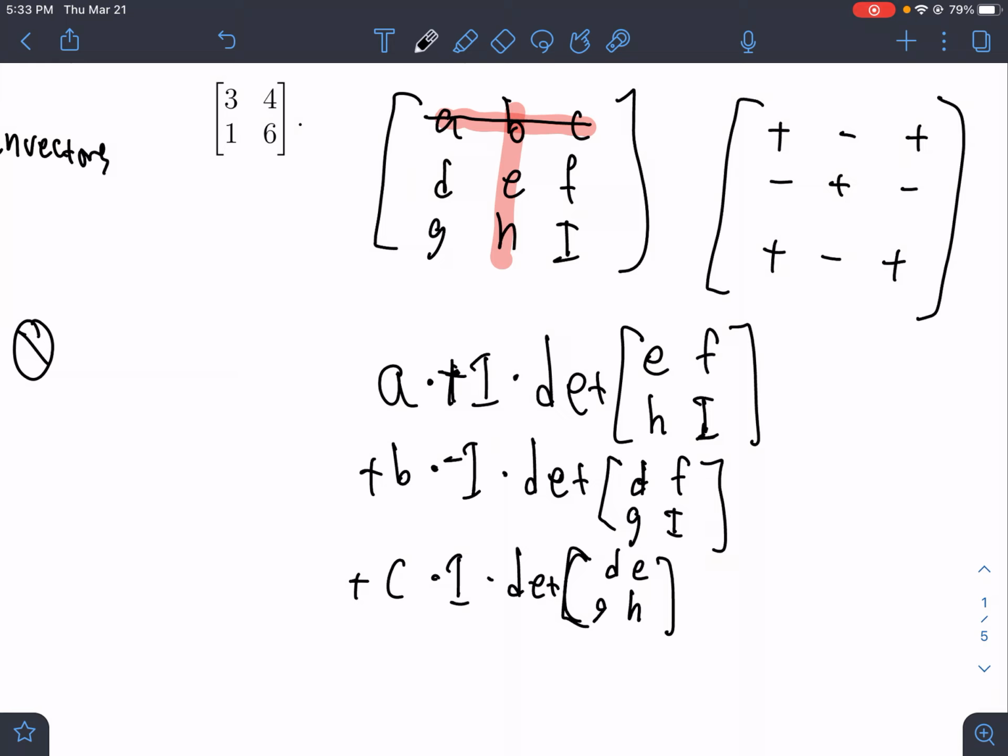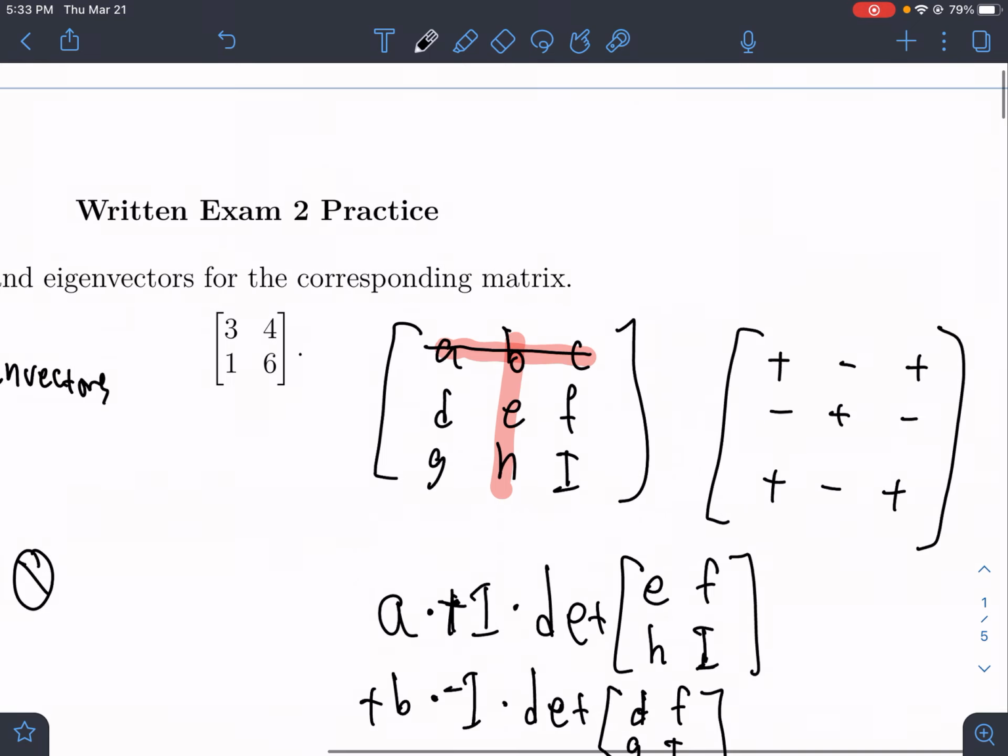The other powerful part of Laplace expansion is, what if entries of A, B, and C are 0, right? What if I gave you a matrix where instead of A, B, and C, I had 0, 1, and 0.